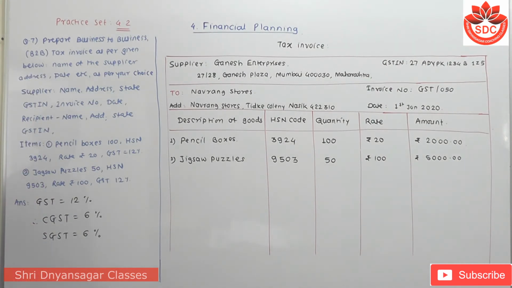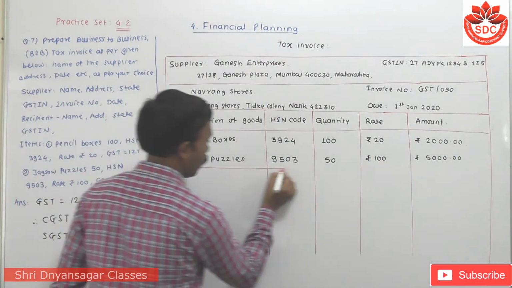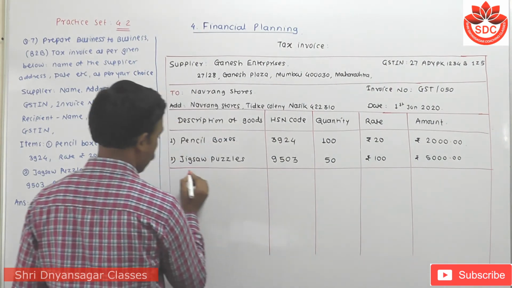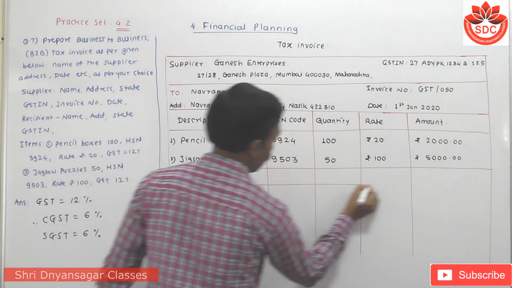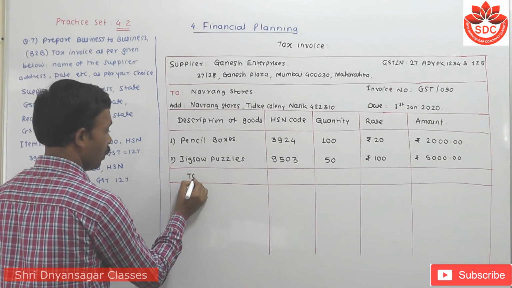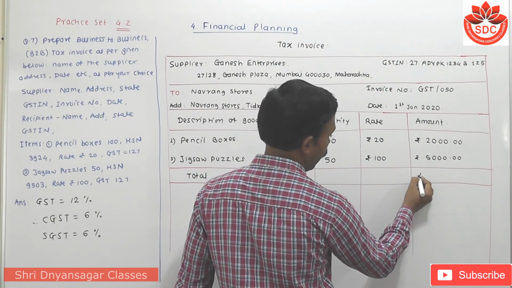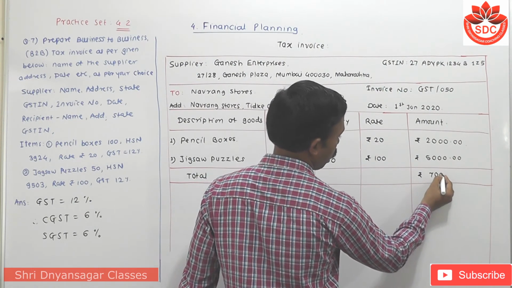Now, then student, we write its total here. The total is, here directly write 7000 rupees.